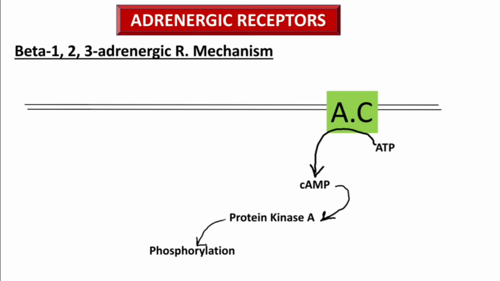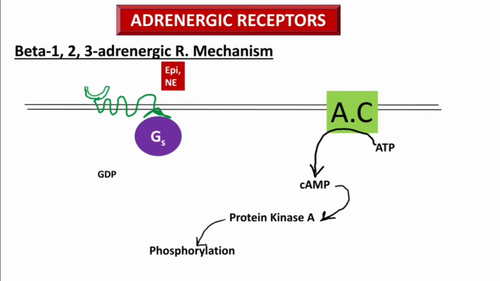Now let's talk about the actual adrenergic receptor here. I said this one is 7-pass, and it's G stimulatory. If we are talking about beta adrenergic receptors, it's G stimulatory, right? So originally I said it will be binding GDP, all of them will be binding GDP, right?